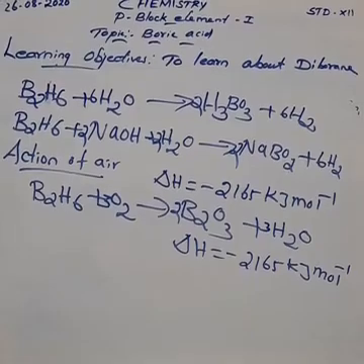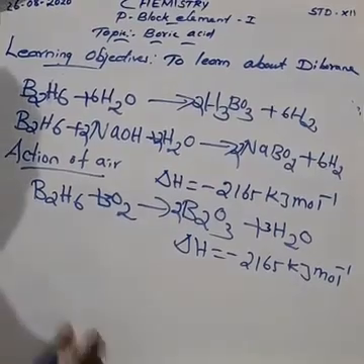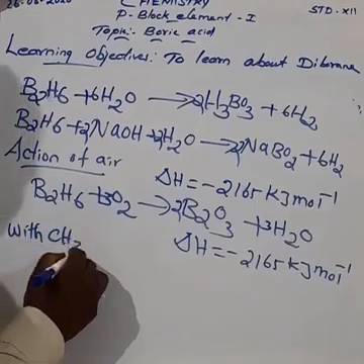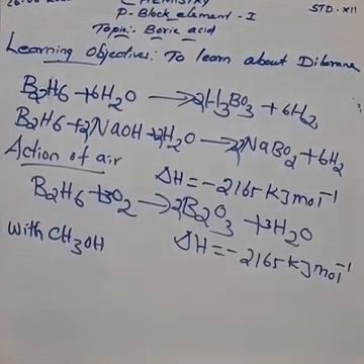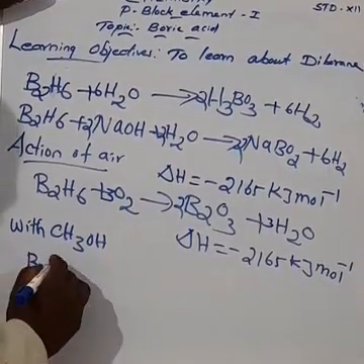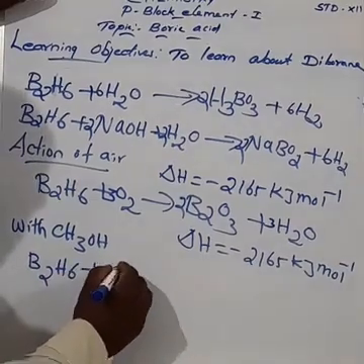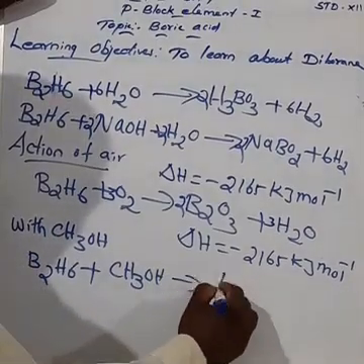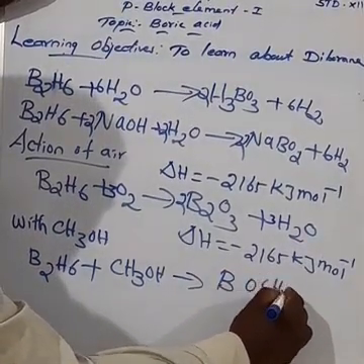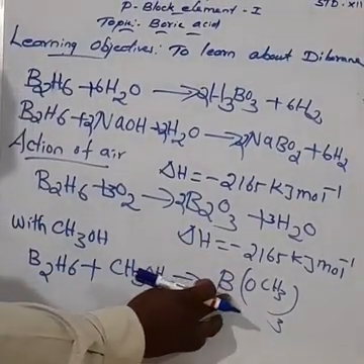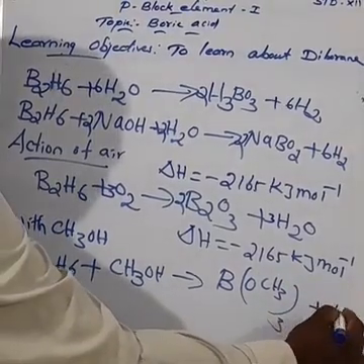Next one, what happens when diborane reacts with methyl alcohol? Diborane reacts with methyl alcohol, CH3OH. The diborane formula B2H6 with methyl alcohol CH3OH, we get B(OCH3)3, trimethyl borate, plus hydrogen.